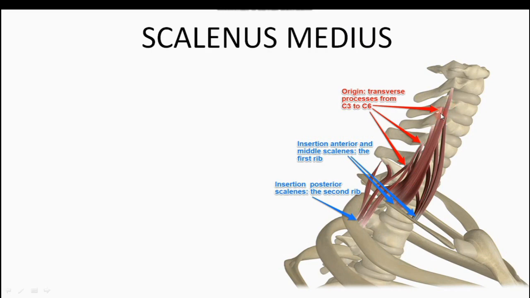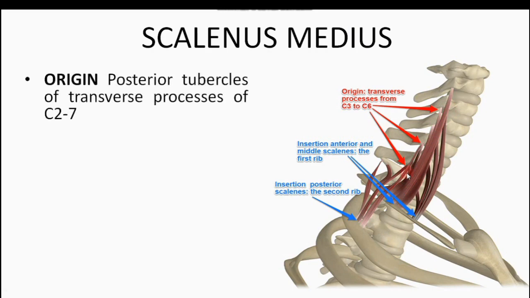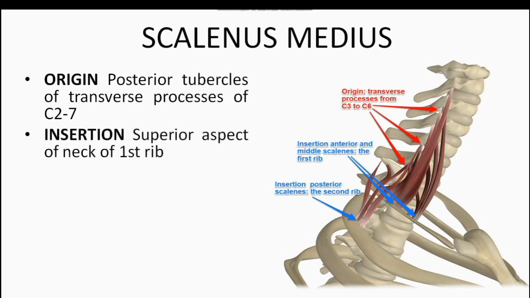Scalenus medius. Here we can see the fibers of scalenus medius. They originate from the posterior tubercle of transverse process of C2, C3, C4, C5, C6 and C7 vertebra, and insert here on the superior aspect of the neck of the first rib.